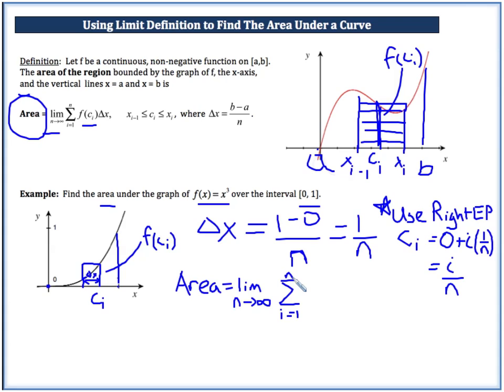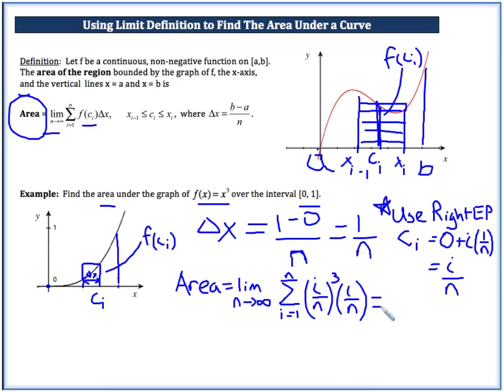So our function was x cubed, and c sub i is i over n, so that's just going to be i over n cubed. And that's going to give me the height of my rectangle, and then times delta x, which is 1 over n. Okay, so we just have to find this limit, and that is going to give us our area.